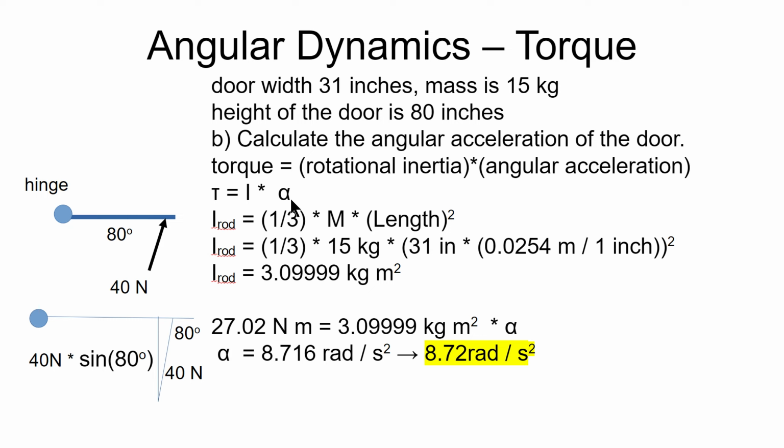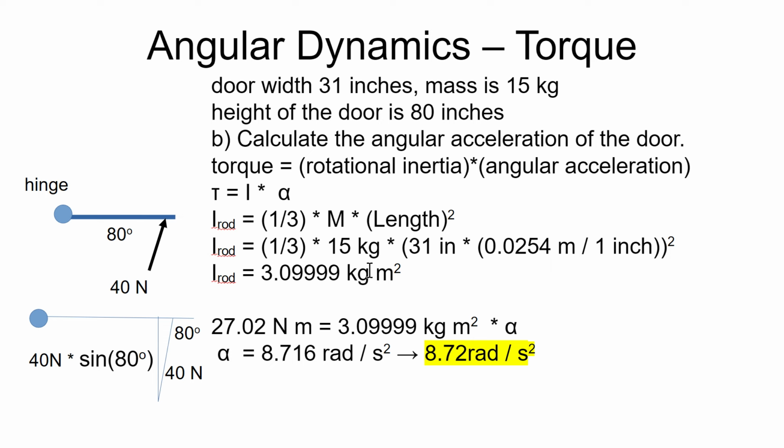This is the equivalent of F equals ma, but for a rotating system. Torque equals I times alpha. We're going to need the value for I, and a door can be thought of as a tall rod. So we use the calculation for the rod, 1/3 m L squared, where L is the length of the rod and M is mass, and I came up with 3.09999 kilograms times meter squared.